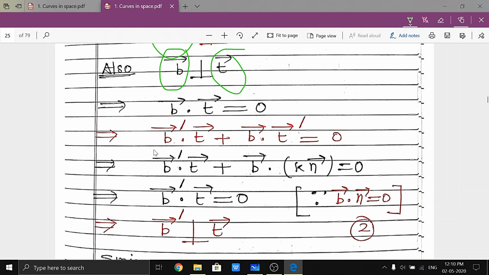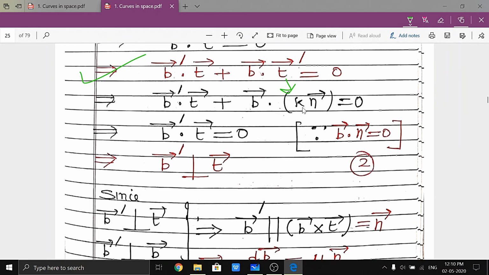Its derivative is B' dot T plus B dot T', right? Now by result (a), substitute T' = κN. Since B and N are perpendicular, their dot product is equal to 0.